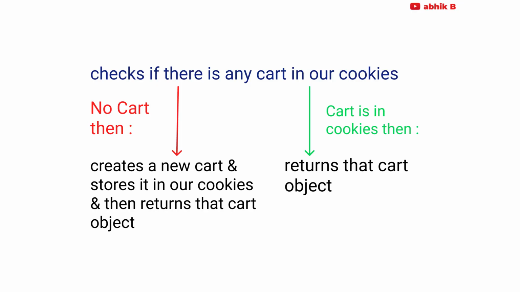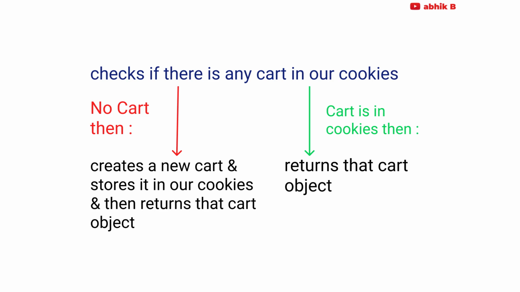Let me explain how this works under the hood. Our commerce.js retrieves a cart, and how does it retrieve the cart? It first checks our cookies in the browser for a cart. If there is none, it creates a new cart. When the user loads our site for the first time, this cart is created.